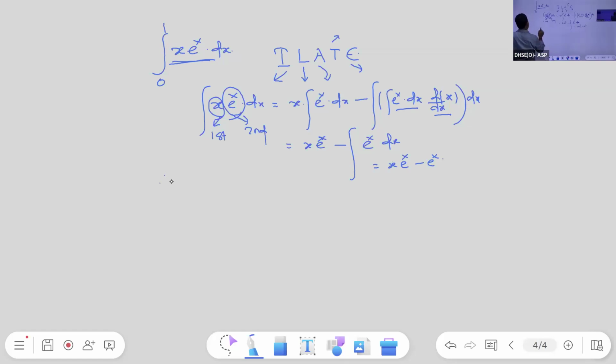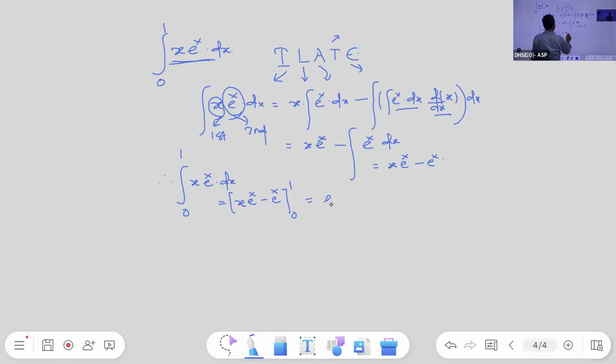Thus integral 0 to 1 x e power x dx equals x e power x minus e power x evaluated between the limits 0 to 1. First substitute x is equal to 1.